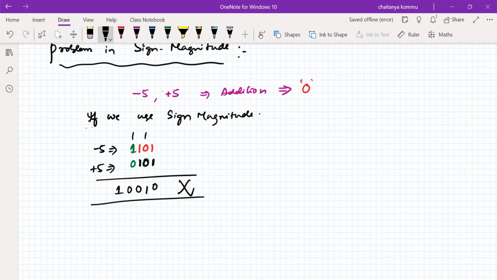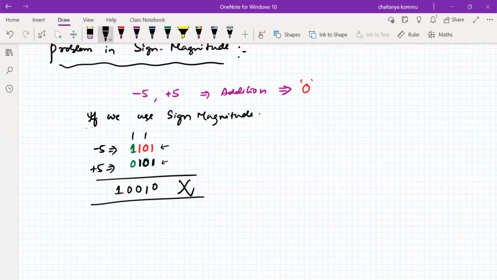Therefore, other ways are there to correct this. But at first, understand that whenever we give different representations for the same number, it is very difficult to provide the correct results. This is the problem with the sign magnitude representation.